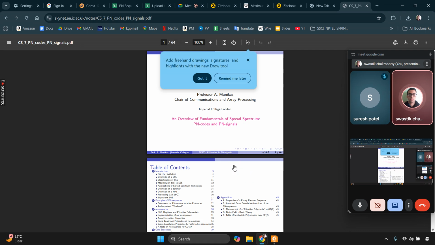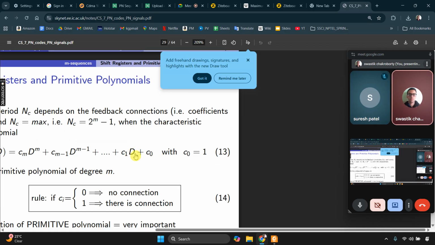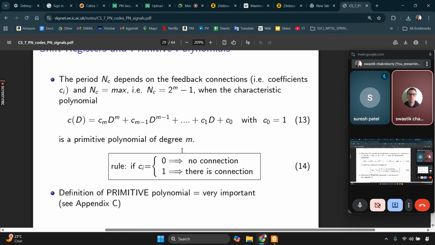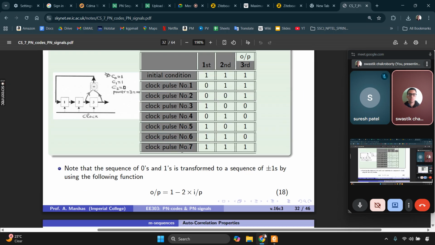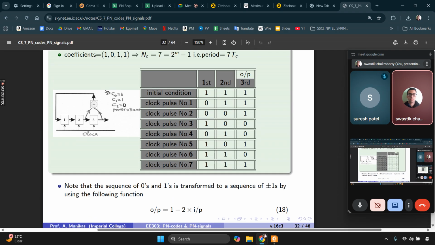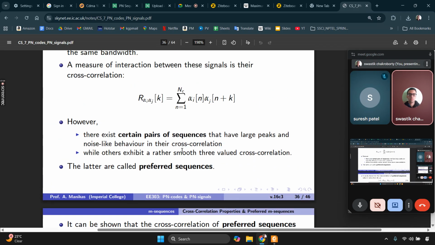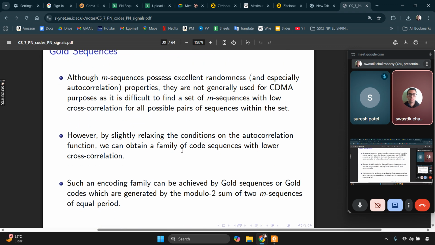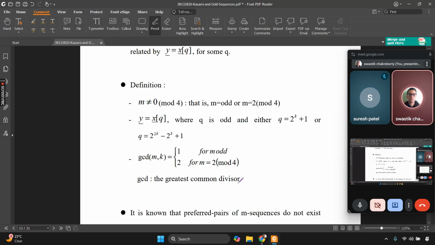See, an M sequence already has good autocorrelation. So the preferred pair of M sequences will have very good cross correlation also. These preferred pairs have very good cross correlation properties.